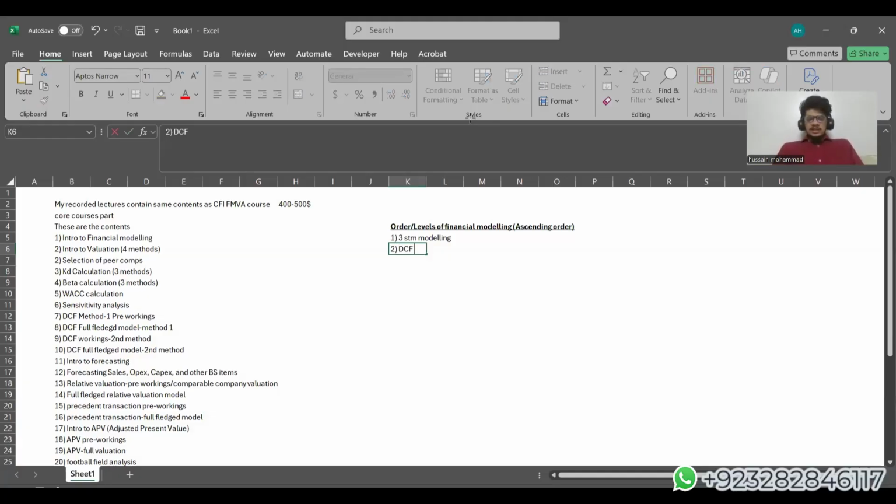Second is DCF and relative valuation. Once you have learned to make a three-statement model, you just need to know the concept of DCF. And there are some switches you need to make for DCF of that particular company, like if it's a private company, or a listed company in the agriculture or fertilizer sector, their DCF is slightly different.